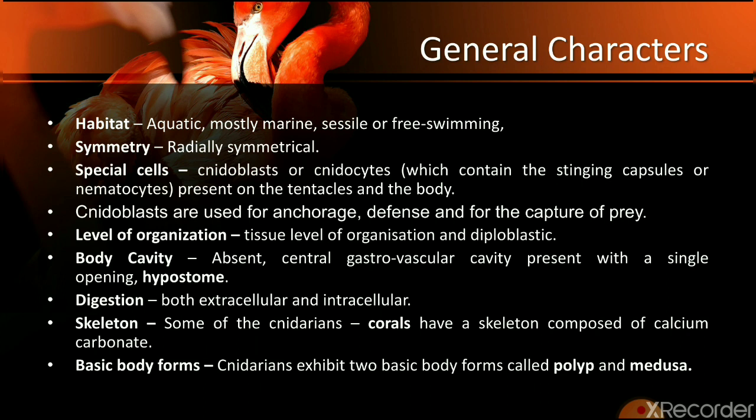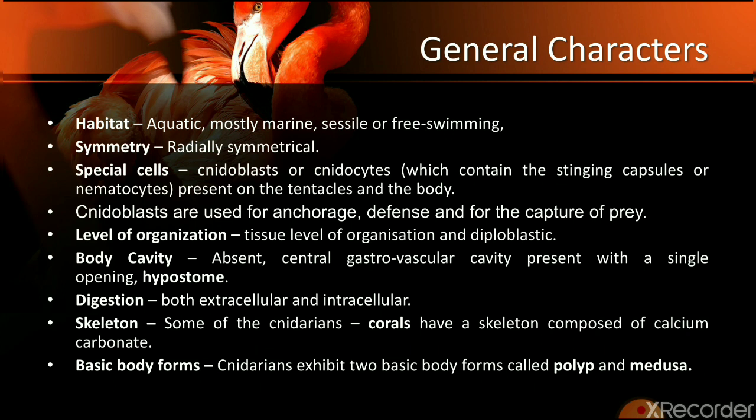They possess a special type of cells, cnidoblasts or cnidocytes, which contain the stinging capsules or nematocysts present on the tentacles and the body. These cnidoblasts are used for anchorage, defense, and for the capture of prey. Members of Cnidaria show tissue level of organization.